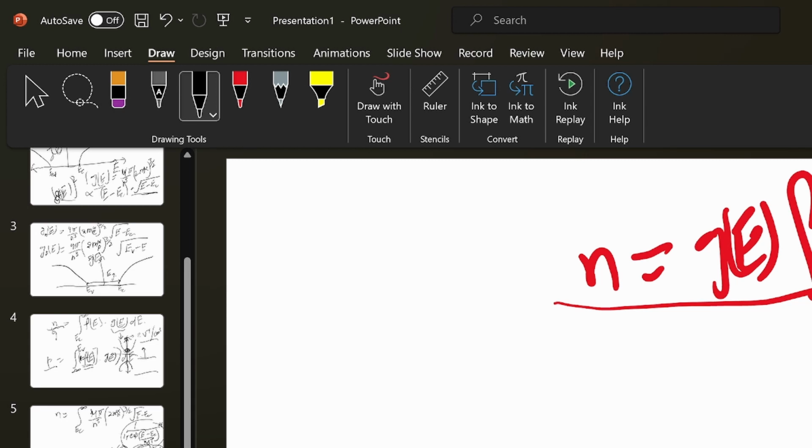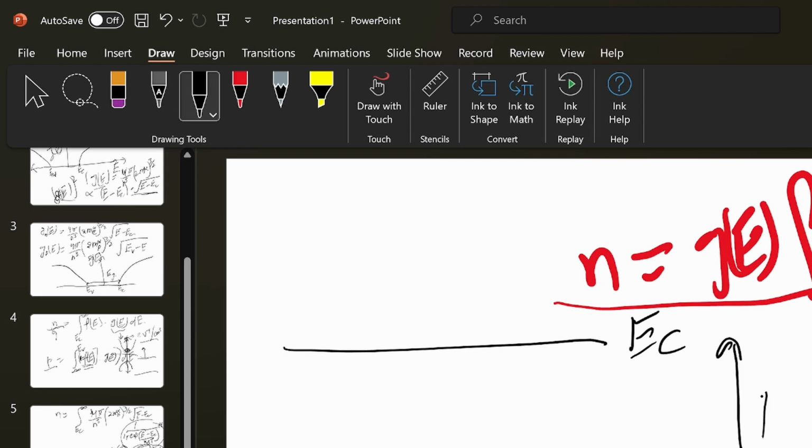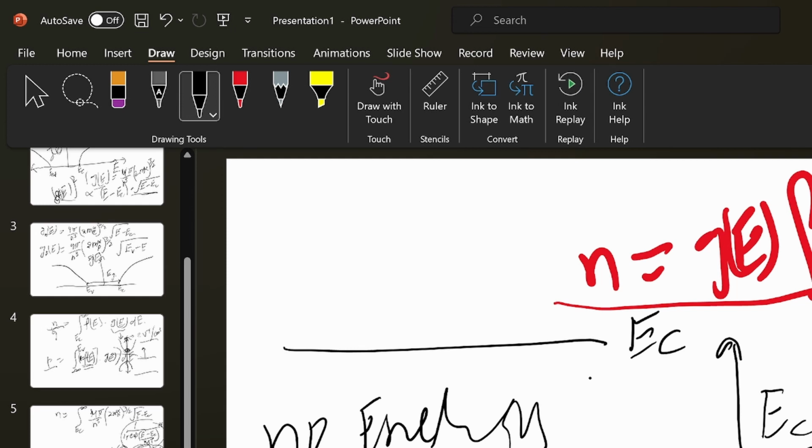If this is the conduction band and this is the valence band, EC and EV, this is the band gap. In the band gap between EC and EV, there are no energy states.